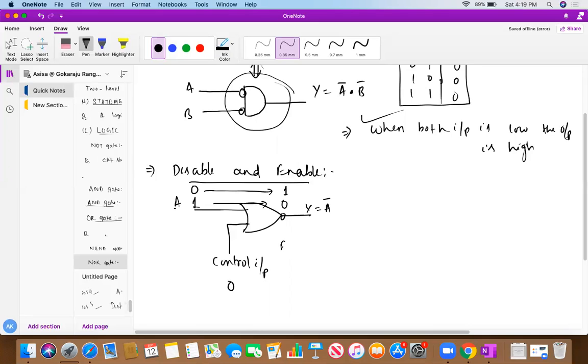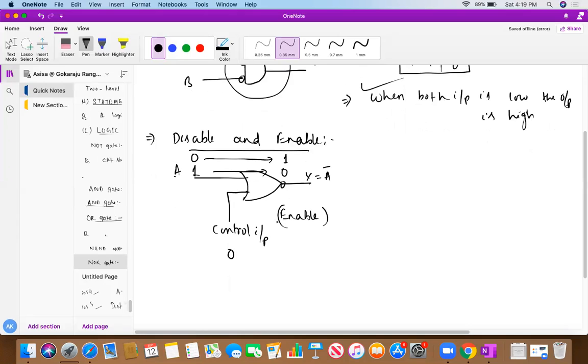This circuit is called the enable functionality of the NOR gate. It functions like an inverter, because the output is changing with respect to the given input. The circuit is working fine, like an inverter, if control input is 0.